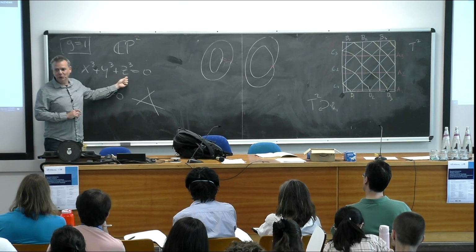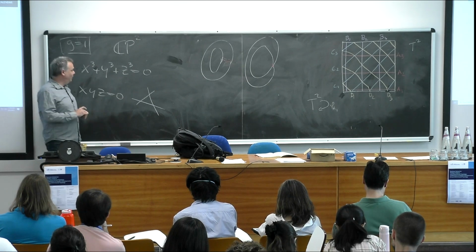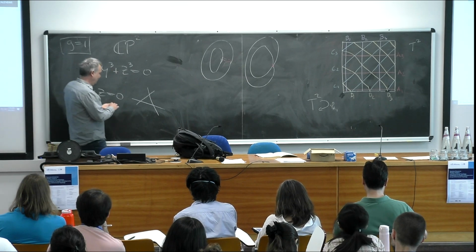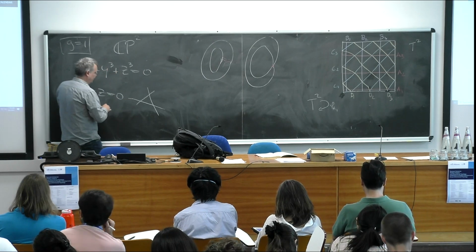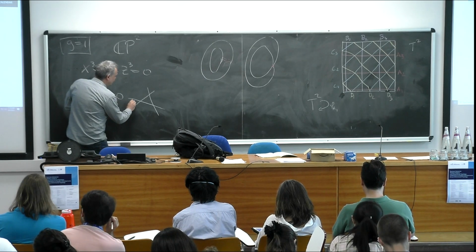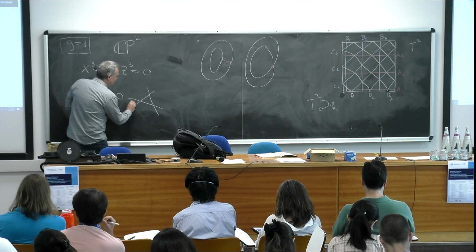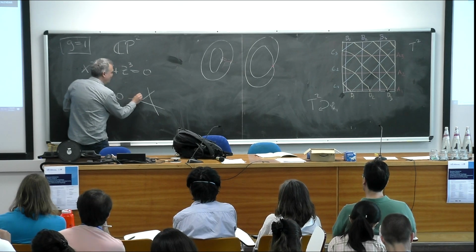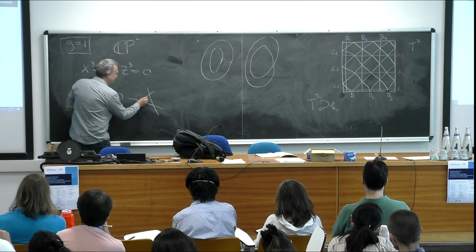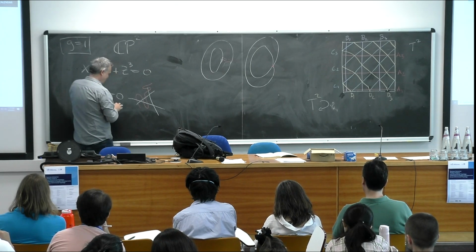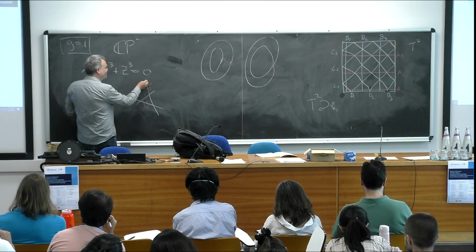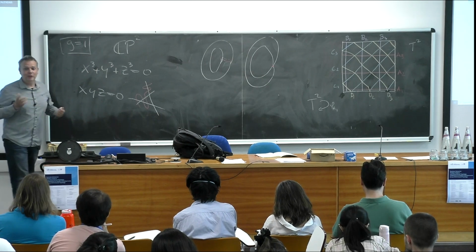I will have 3 solutions. So all in all, you will have exactly 9 intersection points. Do I really want to draw this? Yes, I do. And so something like this would be the picture inside CP2.